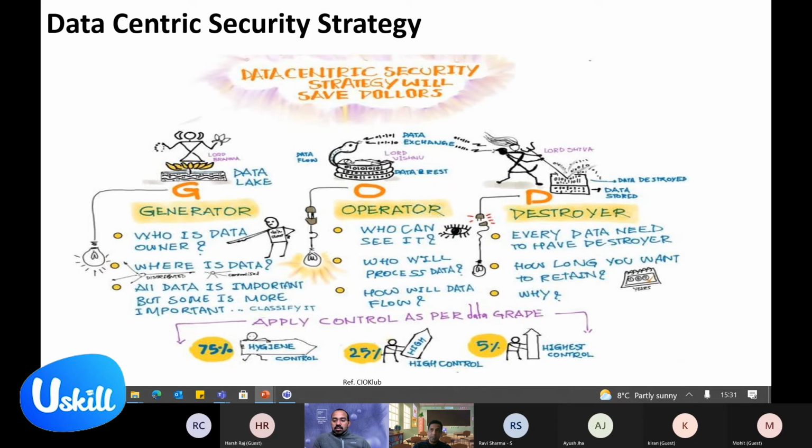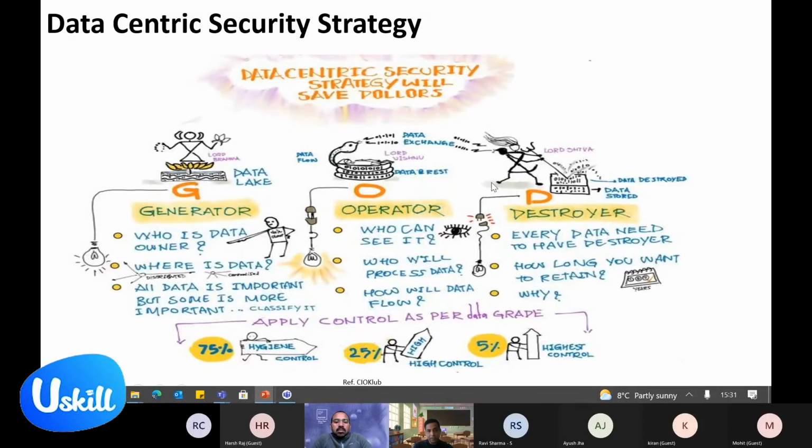If we implement a data-centric security strategy, that is the best security strategy till now, and it will achieve not only the goal of protecting the data, it will also save organizations dollars and dollars, and of course save the organization from facing embarrassment from data disclosure by an unauthorized user or maybe a hacker.